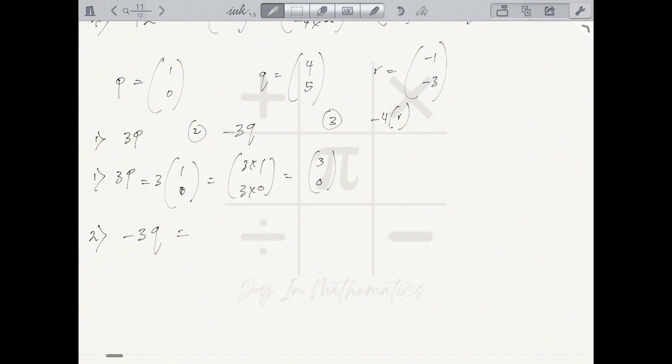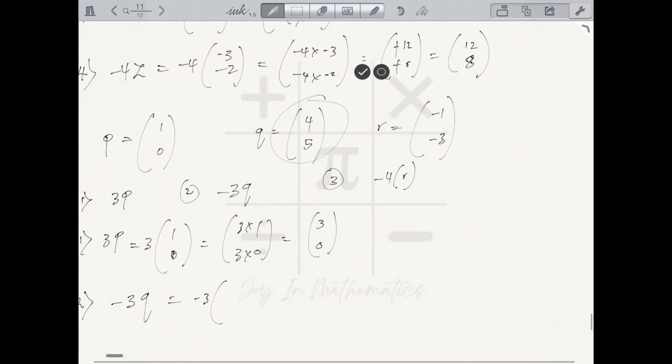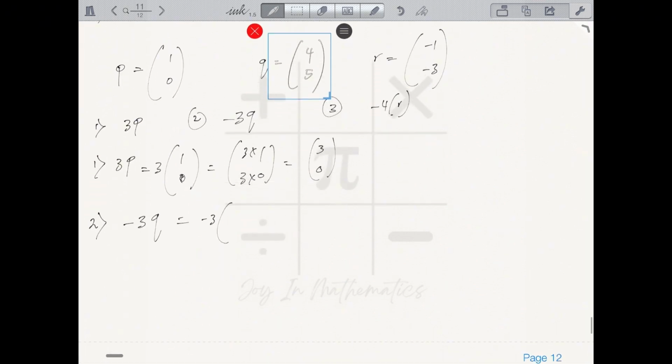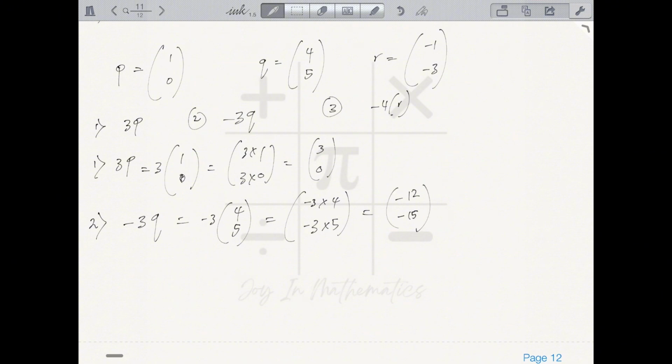We have minus 3 as the scalar and Q as the vector 4 5. We multiply each term: minus 3 multiplied by 4 and minus 3 multiplied by 5, that's minus 12 and minus 15 for vector 3Q.